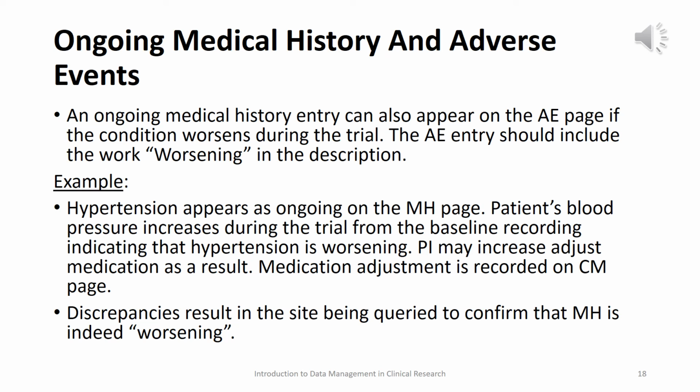Any discrepancies result in the site being queried to confirm that the medical history is indeed worsening. We want to make sure that anything that worsens over the course of a trial gets recorded as an adverse event.